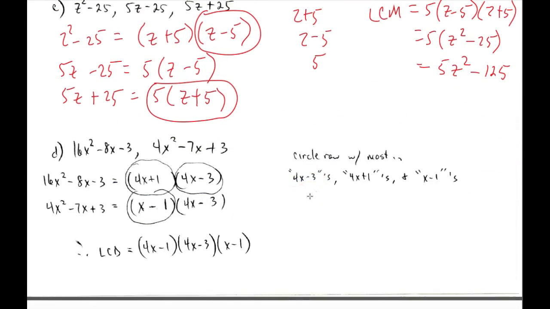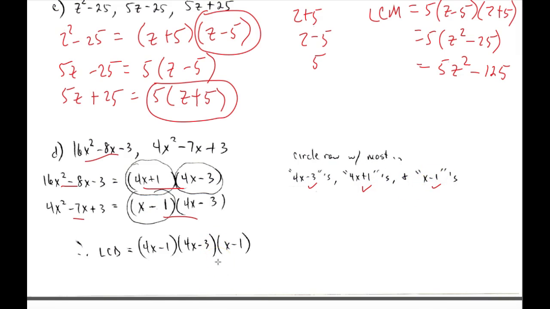For our next example here, we have our trinomial expressions 16x squared minus 8x minus 3, and then 4x squared minus 7x plus 3. And as you see for each of these, I factor these out, and I see that I have prime factors of 4x minus 3, 4x plus 1, and x plus 1.